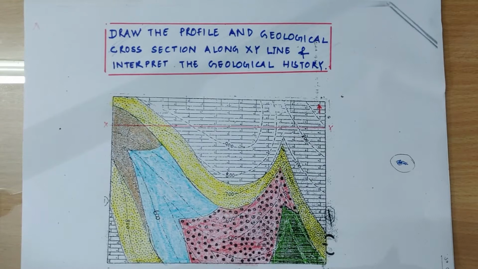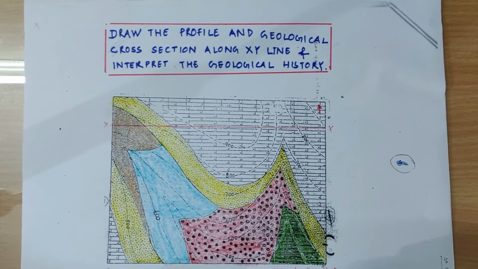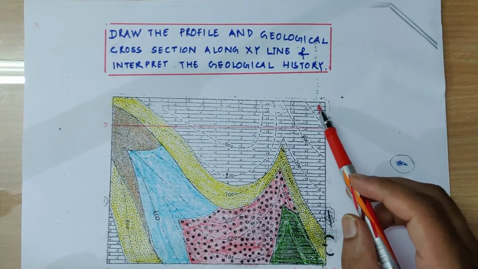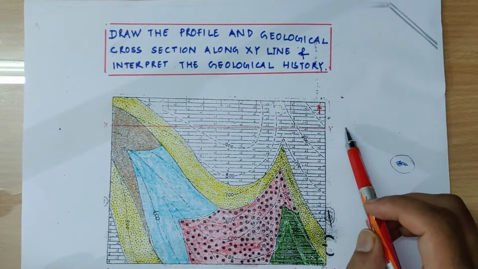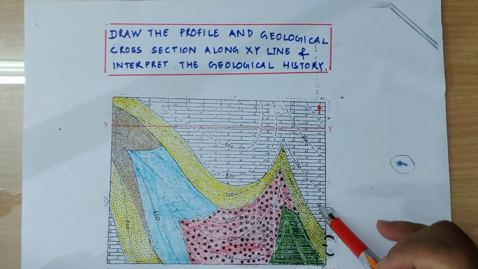And the map scale for this particular map is 1 inch equals 1000 feet, like other maps we have done earlier. This is the north. With respect to north, this will be east and west. This will be south direction.